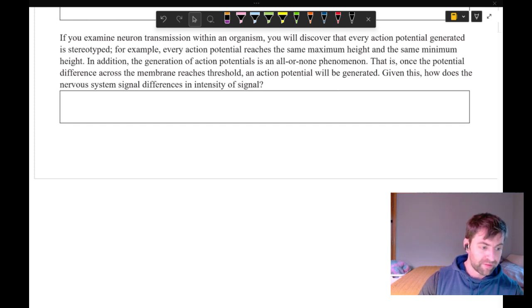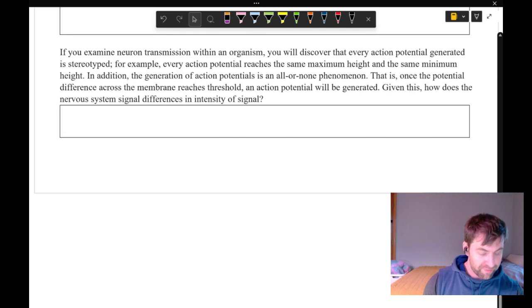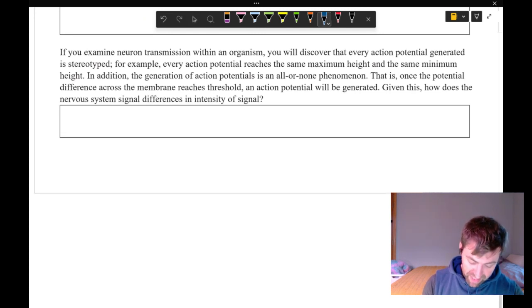If you examine neuron transmission within an organism, you will discover that every action potential generated is stereotyped. For example, every action potential reaches the same maximum height and the same minimum height. In addition, the generation of action potentials is an all or none phenomenon.